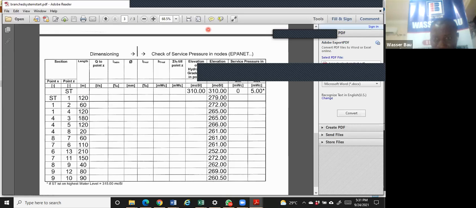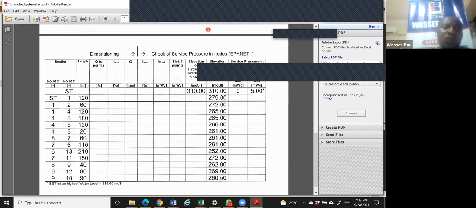So the slope in this case is now 310 minus 279 divided by 120. That gives 0.25. So instead of reading against 5, I was supposed to read the first one against 2.5.